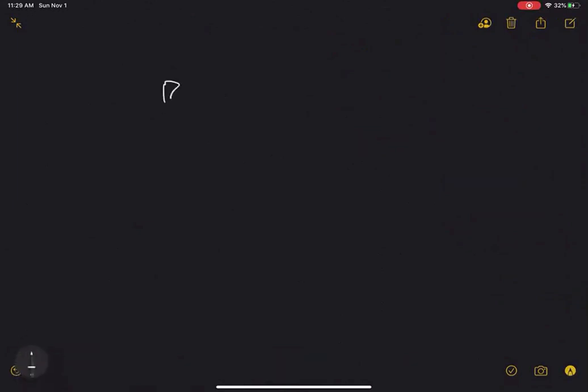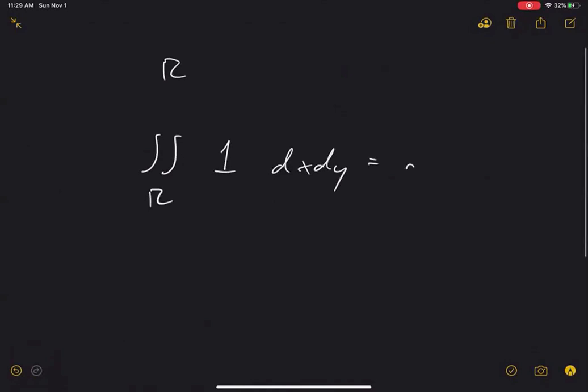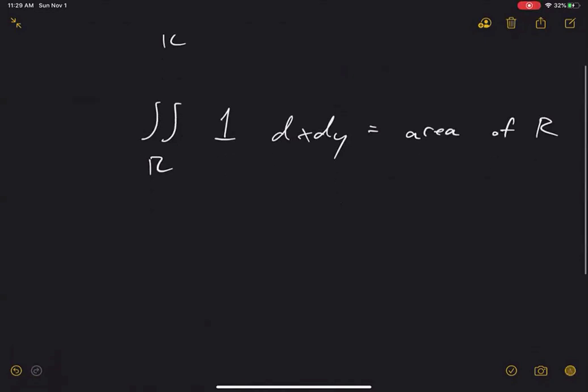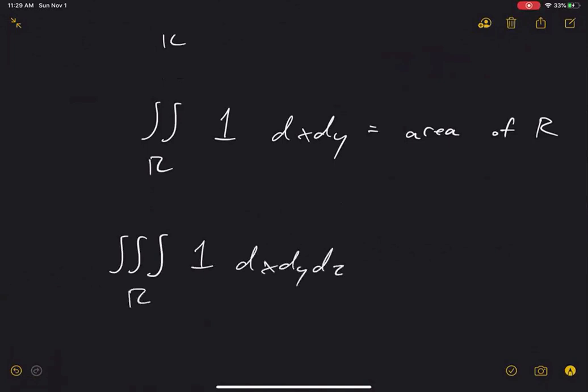Let's say I have a region R. If I integrate the function which is just the number 1 over the region R, this will give me the area of R. Similarly, if I integrate just the number 1 over my 3-dimensional region, this will give me the volume of R. Oftentimes we don't even write the 1; it's the same thing to just write dx dy or dx dy dz.